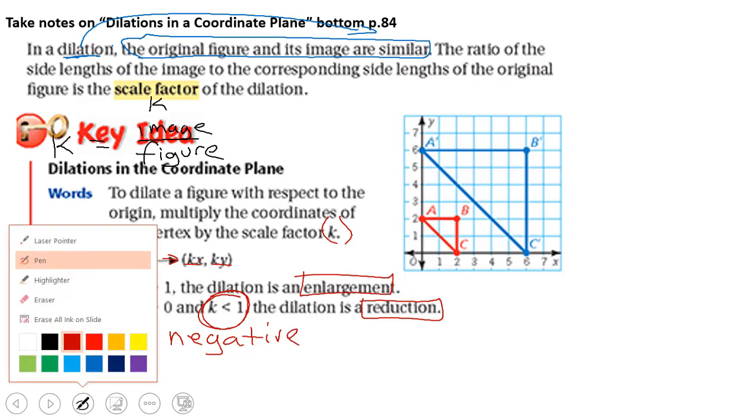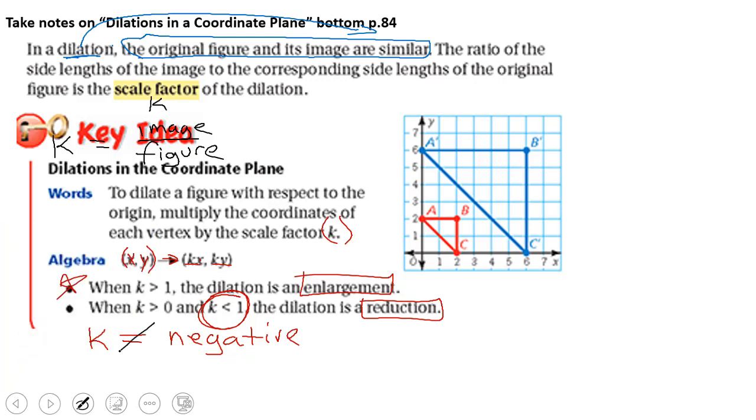You cannot have a reduction or an enlargement that is negative. It just doesn't happen. So they tell you that K has to be greater than 0. It does, because you can't have a K of 0. That would eliminate everything altogether if you're multiplying, because anything times 0 is just that.